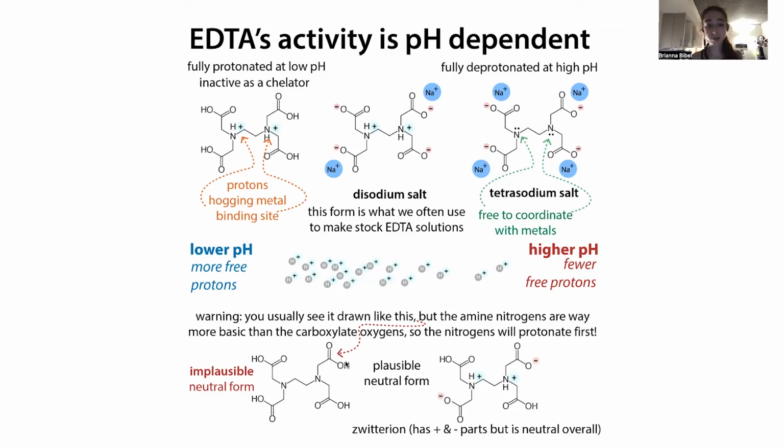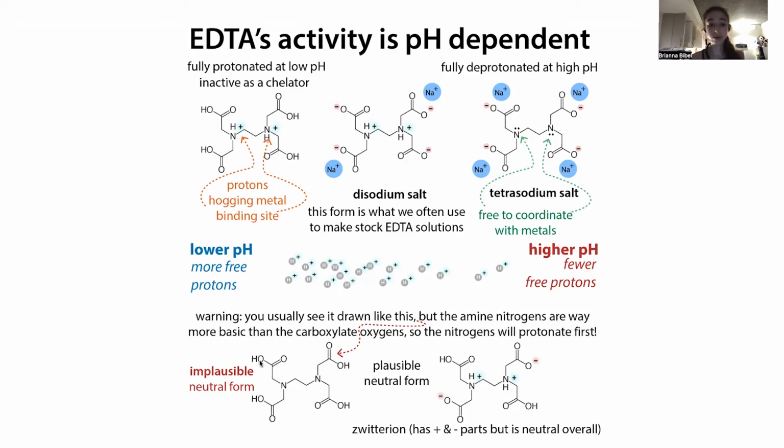Carboxylic acid is where it has the H, carboxylate is when it's deprotonated. So it's not like this. Instead, it's more like this, where you have two of those deprotonated so that they cancel out the two protonated nitrogens. And so if you start from this fully deprotonated state and go down in the pH, those nitrogens are going to protonate, and then the oxygens are going to protonate.